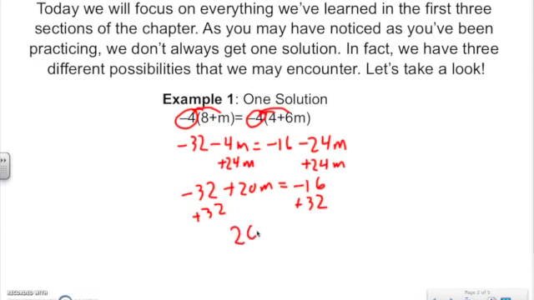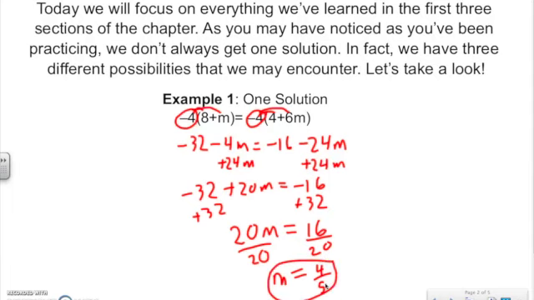So we're going to get 20m is going to be equal to +16. And we're going to need to divide both sides by 20. We're going to get m is equal to 16 over 20, which when we reduce, 4 will go into 16 4 times, and it will go into 20 5 times. So it's going to reduce to a fraction of 4/5.